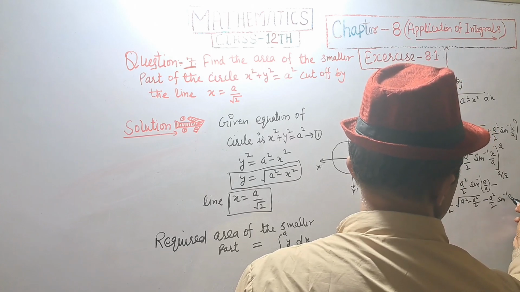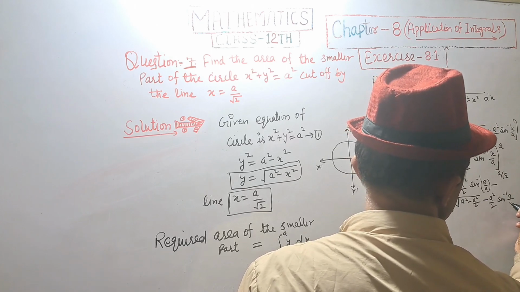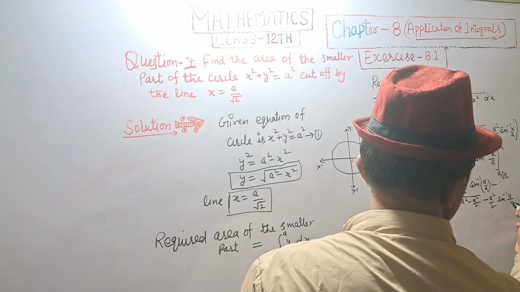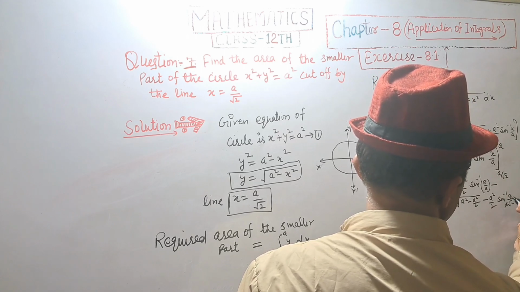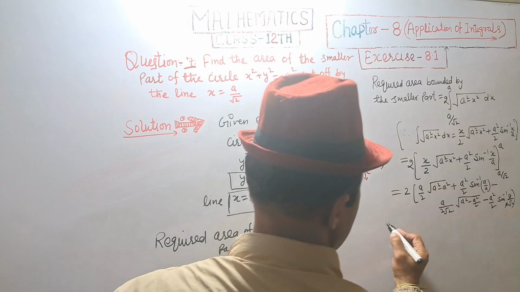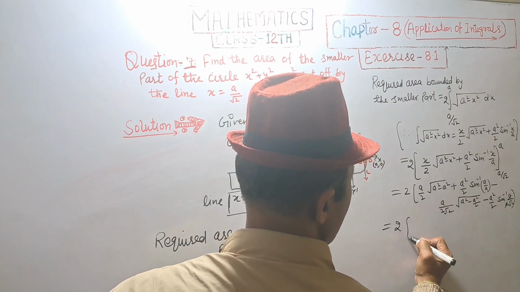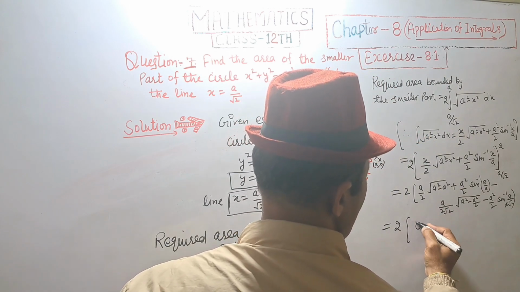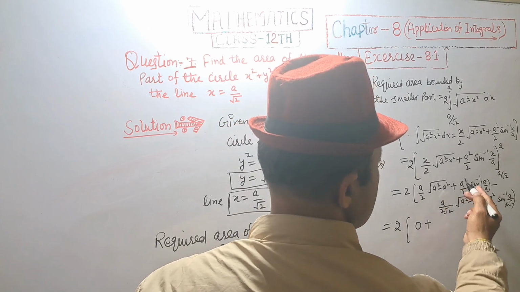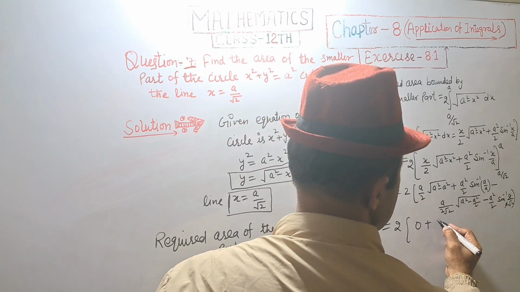The a is cancelled and we get 2 into 0 plus a square upon 2 sine inverse 1.